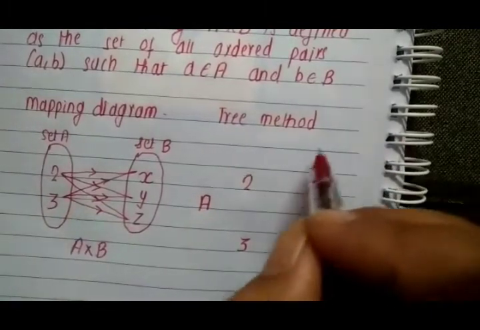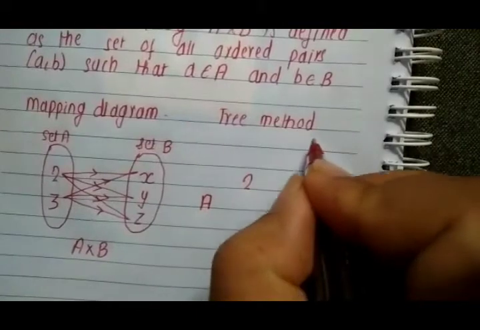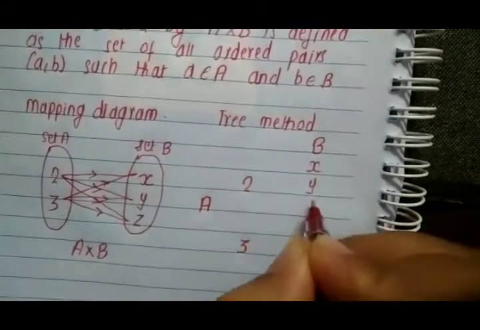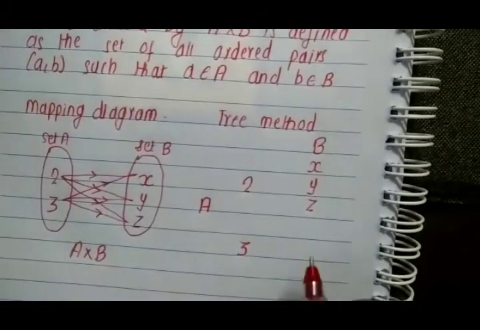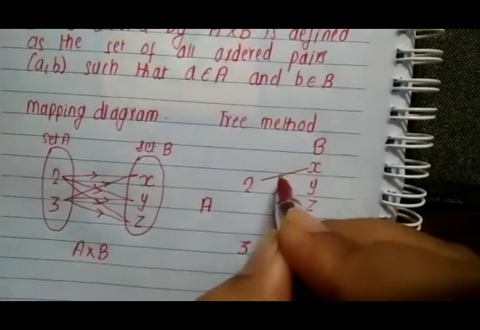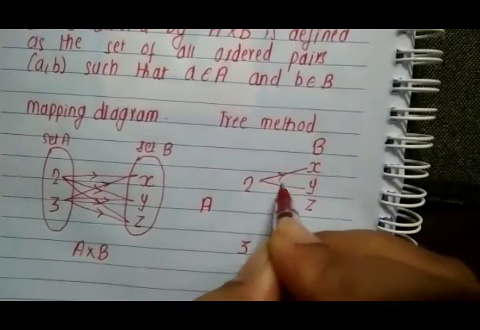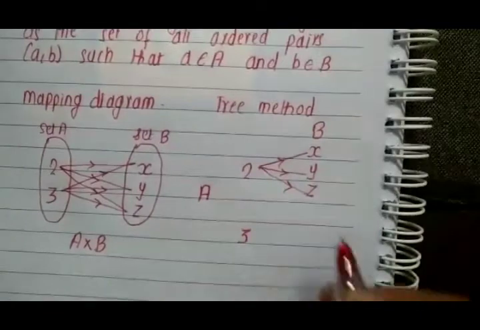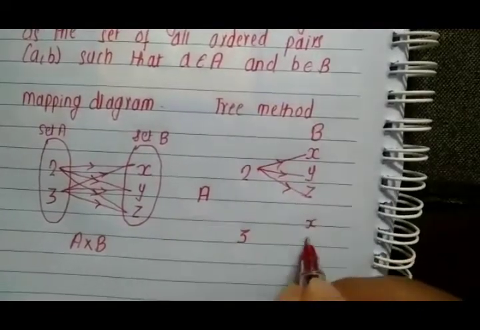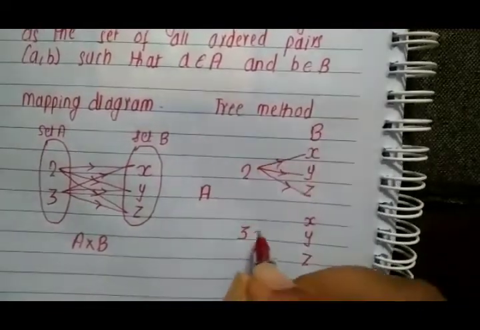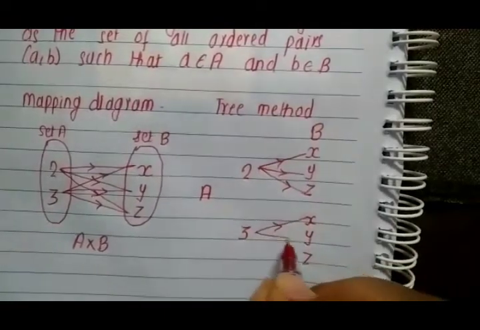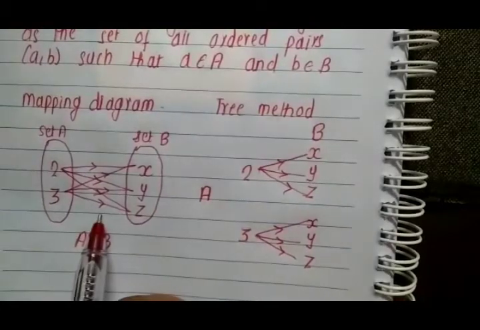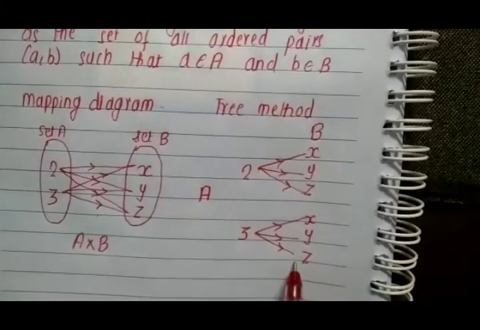Then at the right-hand side, we will write the elements of B: x, y, z. That means 2 will match with x, y and z. Likewise 3 also has to match with x, y, z, so we will write x, y, z again. Same thing, this is the mapping diagram and this is the tree diagram.